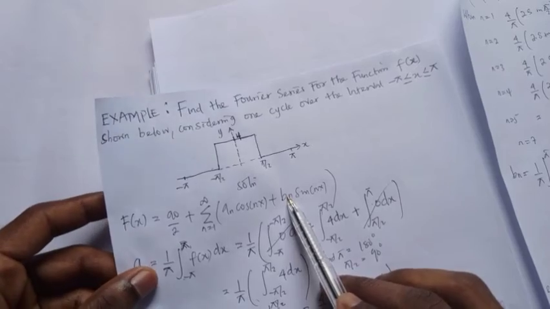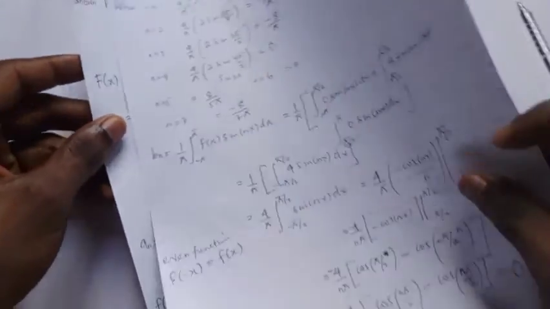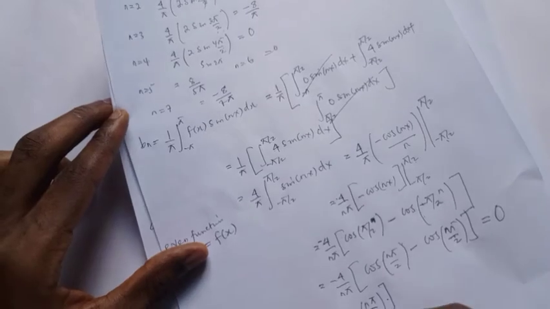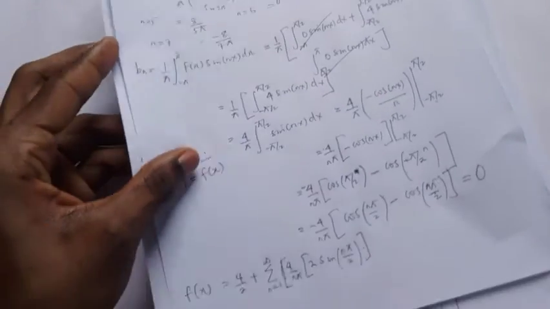The value of our bn is 0, so this turns to 0. So this is the only thing we have in our Fourier series.